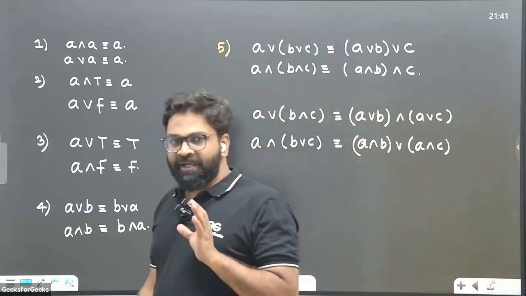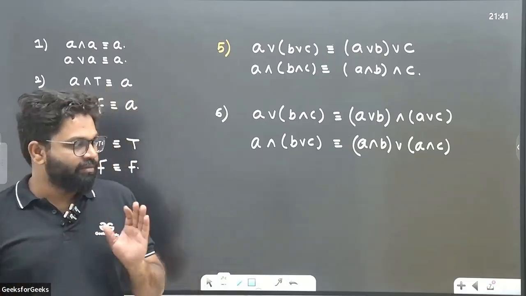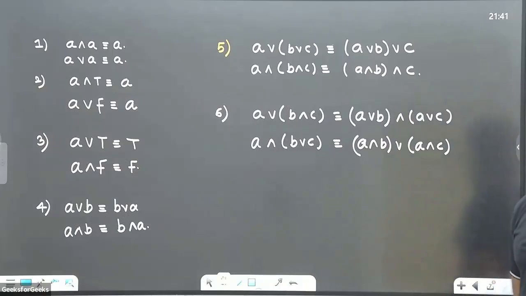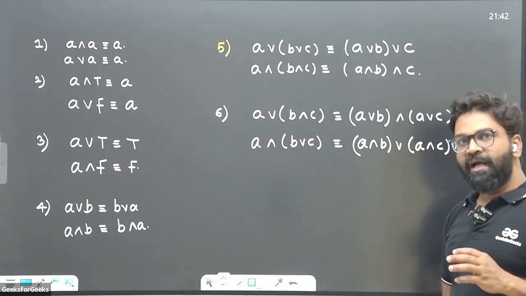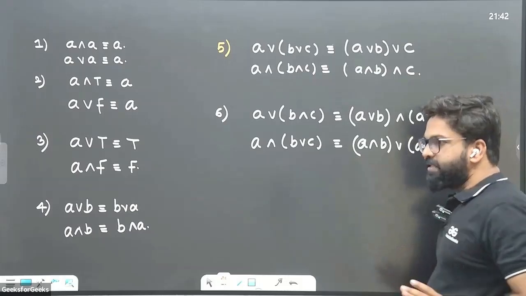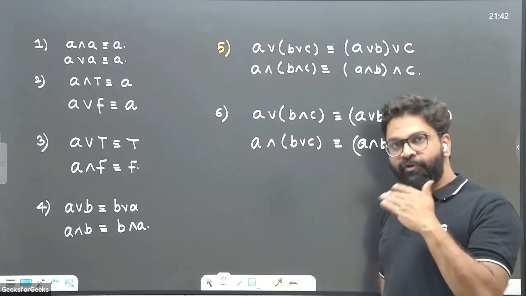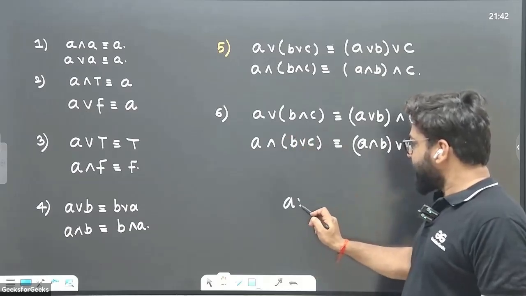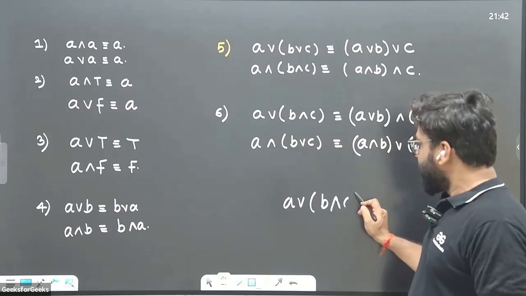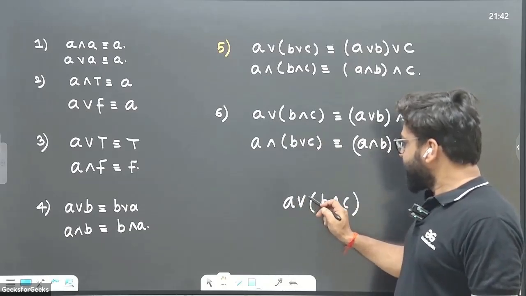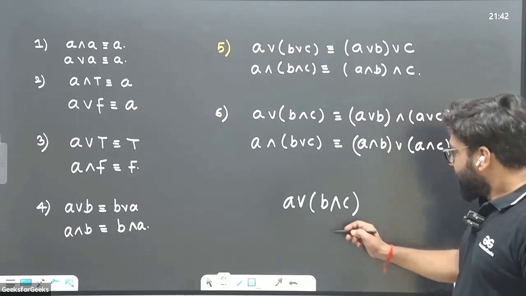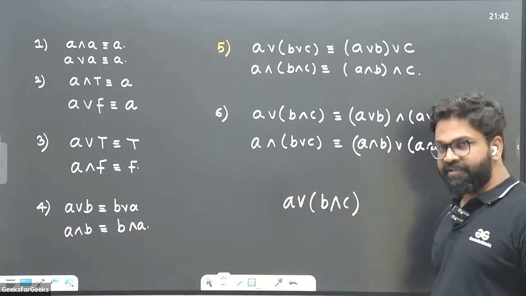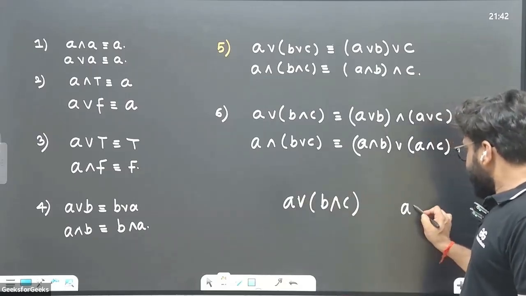Now I know that you may have studied this somewhere in 11th or 12th. I'm just doing a brush up related to this. My point is very simple. Many times we just remember the formula, and then it moves from the left side to the right side. What is the meaning of moving from left side to right side? For example, suppose you have A or B and C. This is your left side, and when you go to the right side, what you will get?